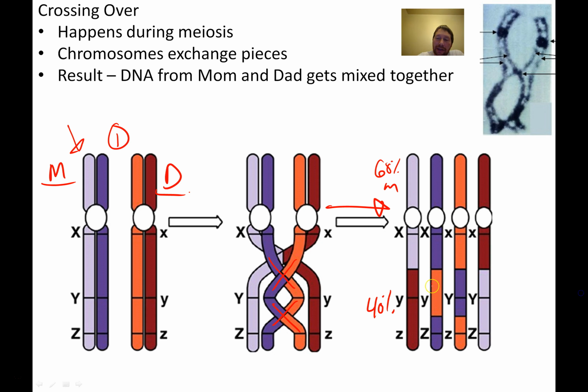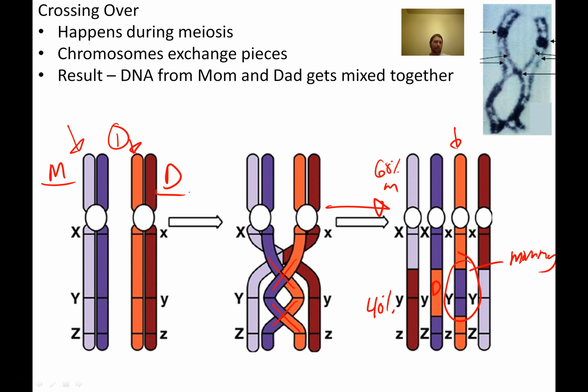This one here, you can see we got a piece of chromosome we got from dad. This little piece right here, when we got it from our parents, it was 100% DNA we got from dad. But when we pass it on to our kids, this chromosome that used to be all from dad has got this piece right here that came from mommy.